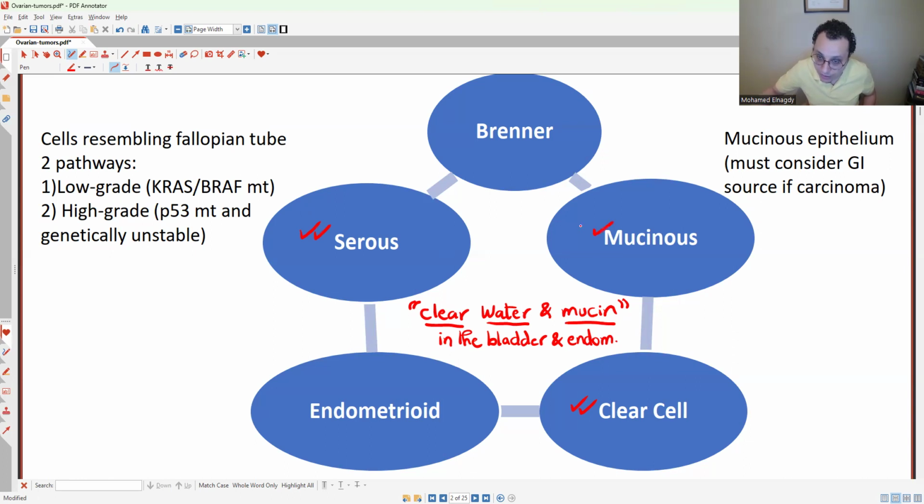Mucin makes you memorize mucinous. In the bladder-like tumor, we always remember this, the bladder-like tumor, which is Brenner tumor, and endometrium makes you memorize endometrioid carcinoma of the ovary. So we have 5 entities that you can memorize using this mnemonic: clear, water, and mucin in the bladder and endometrium.